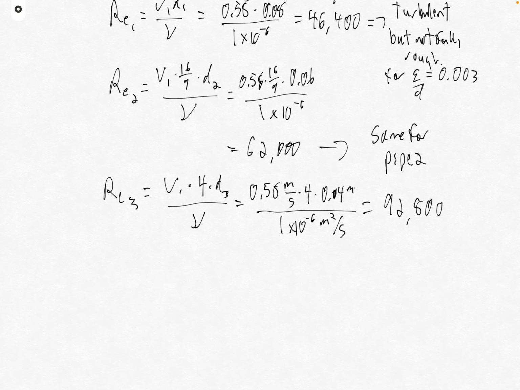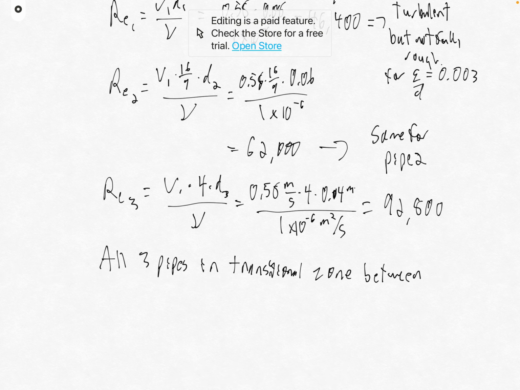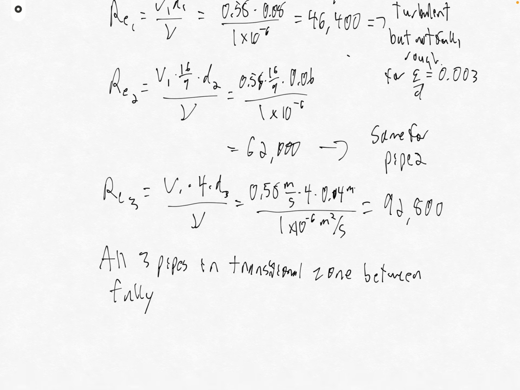So from here, all three pipes are in the transitional zone between fully smooth and fully rough.